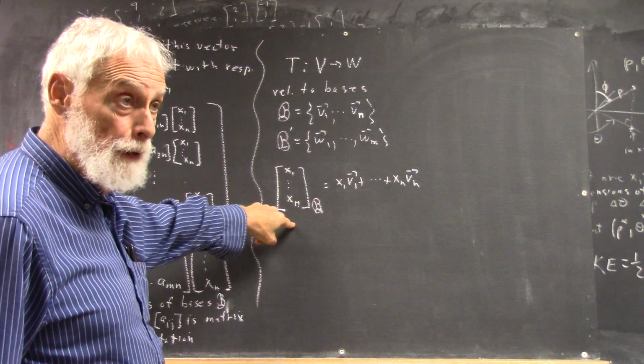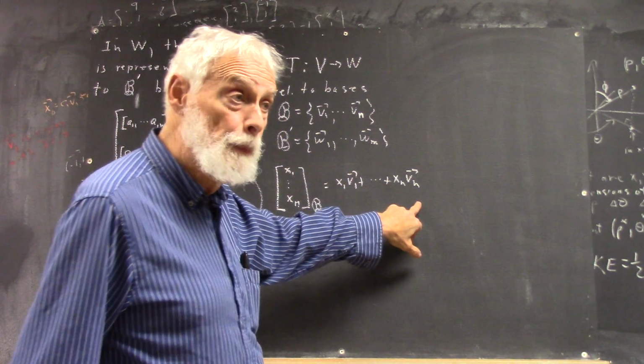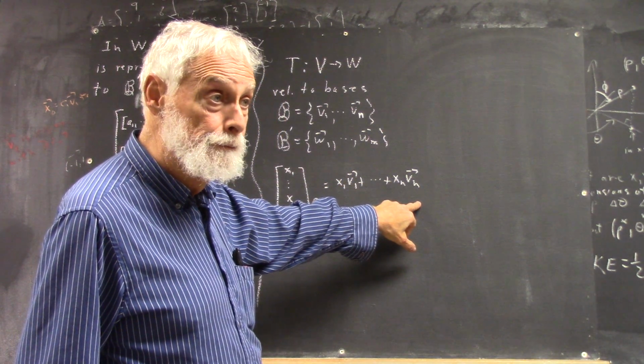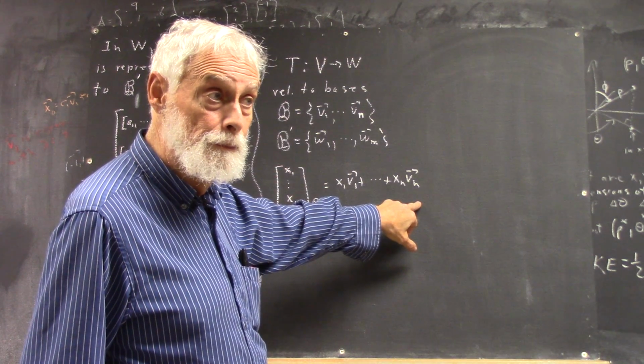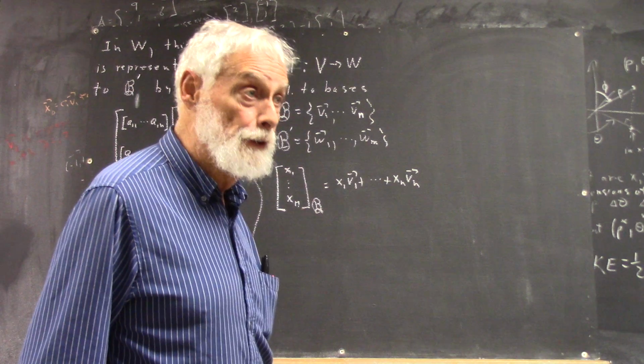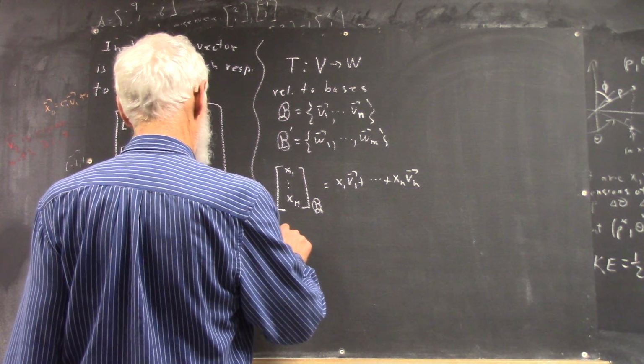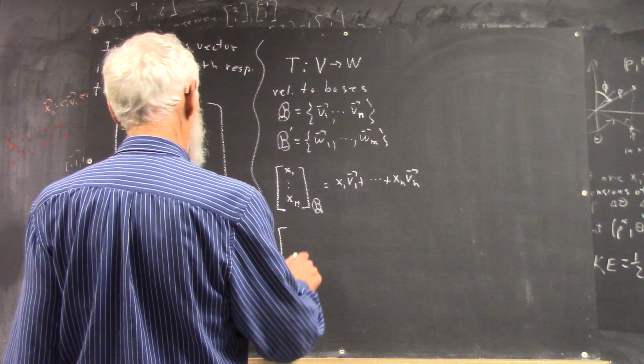That's what this column means. If I had a different basis, I'd have different numbers for my x's, right? Okay? So the numbers here depend on what your basis is.